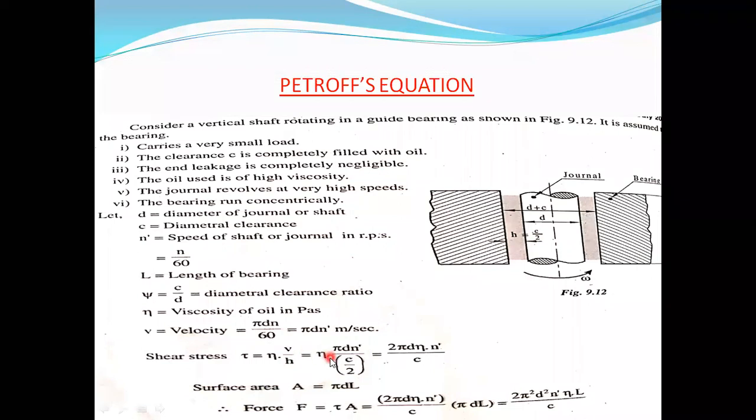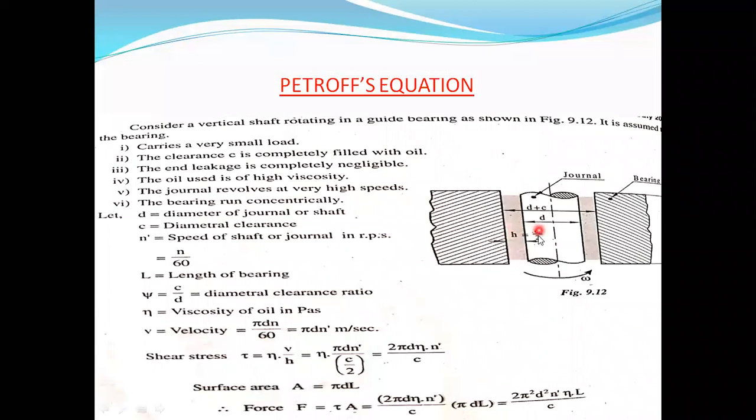So therefore, the velocity can be written as pi d n dash, where n dash is n divided by 60. So we are writing pi d n divided by 60 in the form of pi d n dash. So we are writing velocity in the form of pi d n dash divided by h, which is c divided by 2. Total clearance is 2.